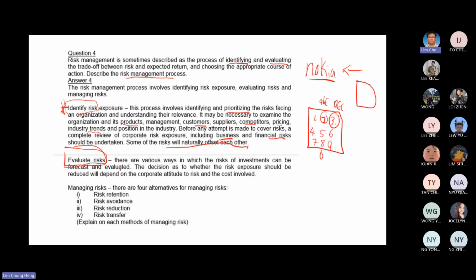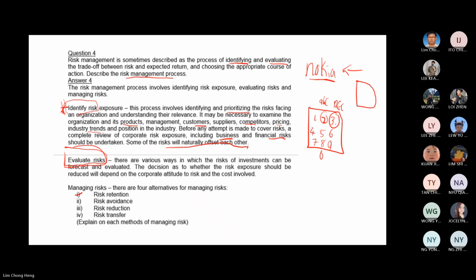I summarized the idea of these 4 methods for you. Risk retention is when the company knows we have the risk on this investment. The company will set aside a portion of money, and we use this money to absorb the loss if the risk happens. This is risk retention.